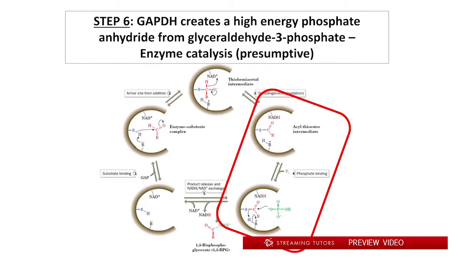Phosphate is bound, and the nucleophilic oxygen carries out a nucleophilic attack on the very electrophilic carbon, in this case, of the thioester. Notice that carbon is bound both to an oxygen, which is more electronegative than carbon, and to sulfur, which is also more electronegative than carbon. So that particular carbon compound is quite electrophilic. The nucleophilic attack of the phosphate oxygen is a very favored reaction under these conditions.